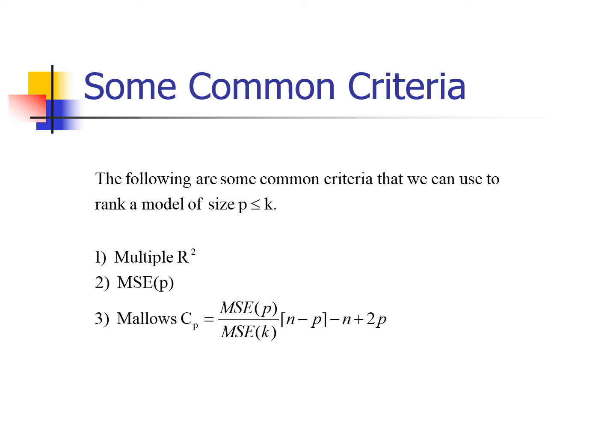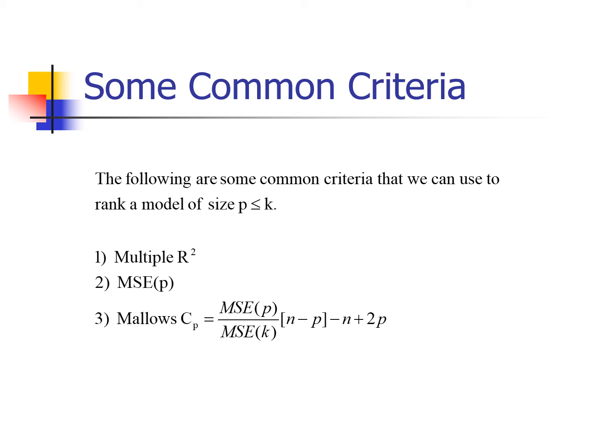In that case, we would see the MSE getting smaller as we move from 1 to 2, 2 to 3, 3 to 4, 4 to 5. But if 5 is the correct number of variables, what we start to see after that point is the MSE doesn't really change. When you go from 5 to 6, the MSE stays about the same. When you go from 6 to 7, the MSE stays about the same, and so on.